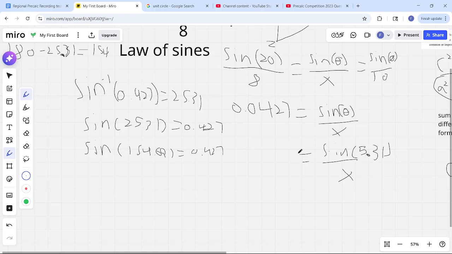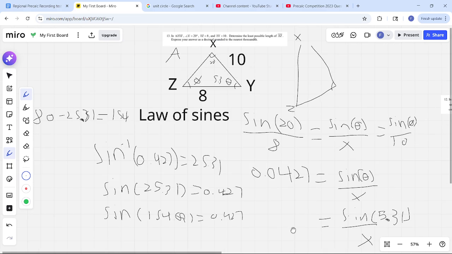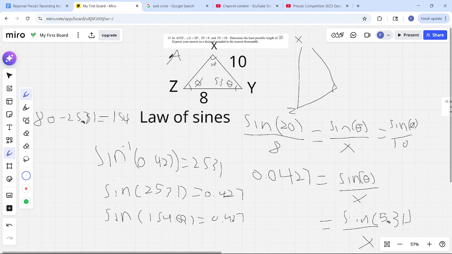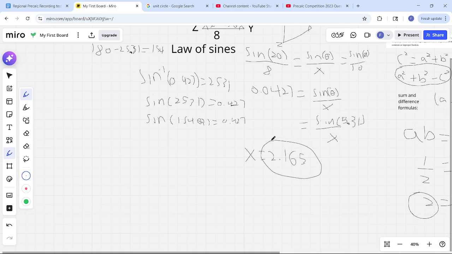Multiply both sides by x, find what sine of 5.31 is, and divide that by 0.0427. Remember, do not round because it says to the thousand, so that will not be relevant. And we will get that x is equal to, now rounding to thousands because it's our final answer, 2.165. Sorry, I renamed it to A, but yeah, the length xz is going to be 2.165.